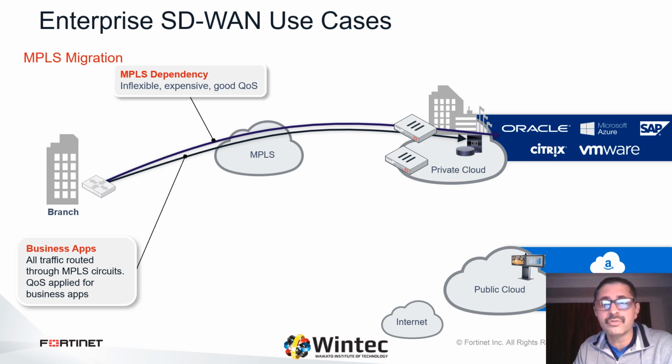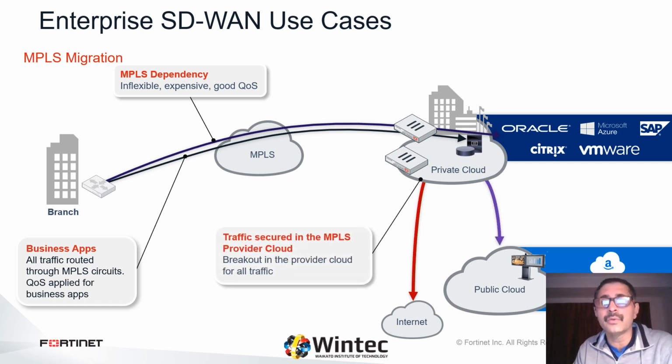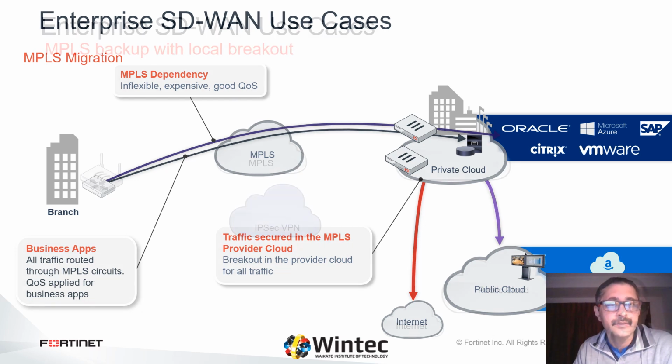The applications could be Oracle, it could be SAP, Citrix, VMware, whichever. As mentioned earlier, there is no flexibility in this scenario, and yet it is an expensive solution for the customer. How can the customer add redundancy, flexibility, reliability, and more important, security without adding costly infrastructure? You will learn about the solution in the next slide.